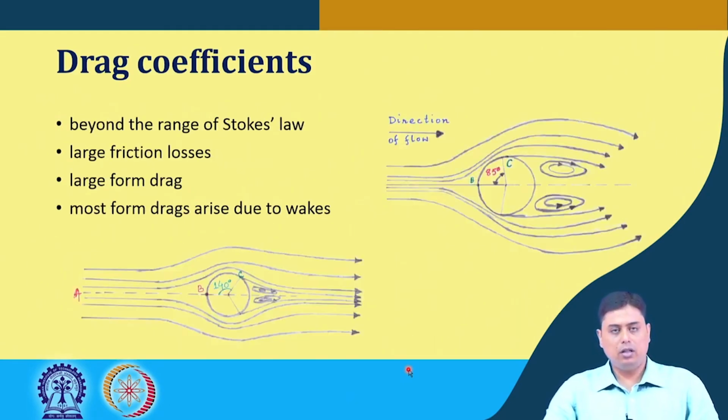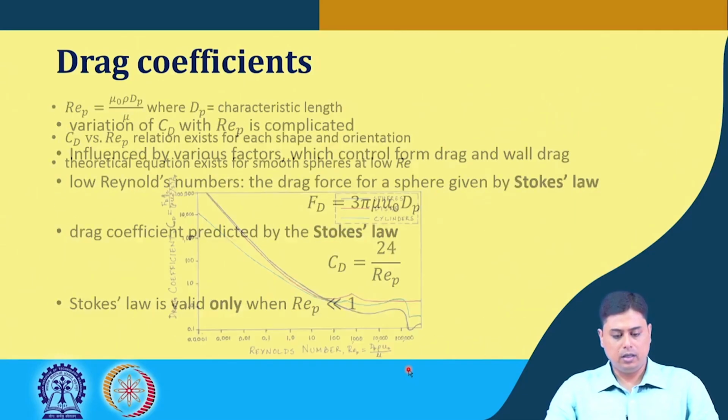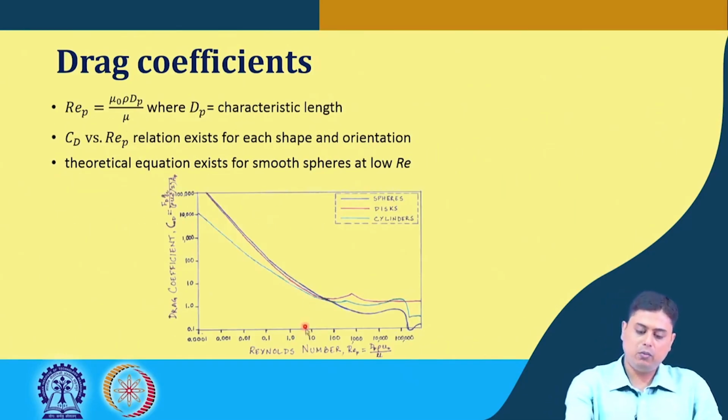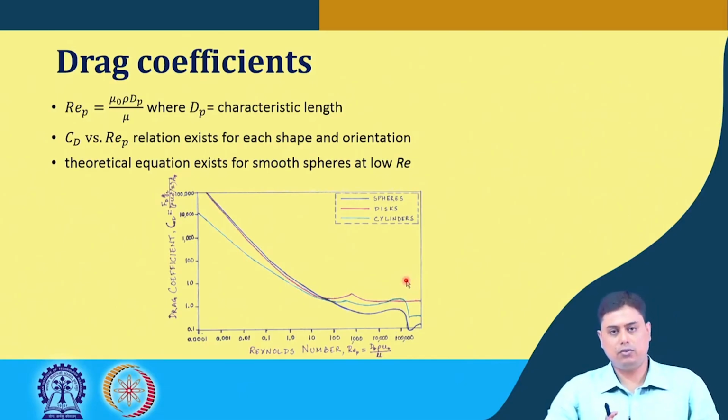Now beyond the range of Stokes' law, what happens? Let us say beyond the value that I have shown here, particularly when it is well above the range of 10, you can see how complicated this relation is, even for well defined shapes of particles, that is sphere, disc, or cylinders. But remember one thing: this graph is shown for a particular orientation of the spheres, discs, and cylinders, where the axes are perpendicular to the direction of the flow.